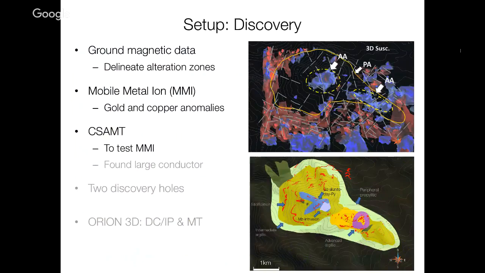The initial discovery was done, first of all, on the basis of this magnetite destruction zone, and then they're going to do a CSAMT experiment to see what they could find as far as the mineralization.